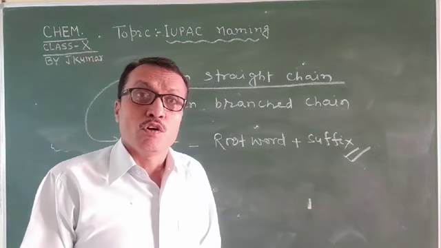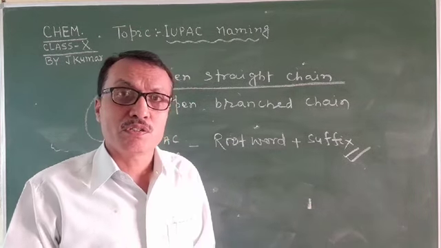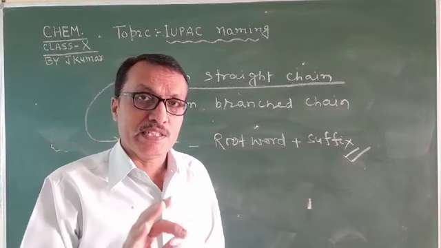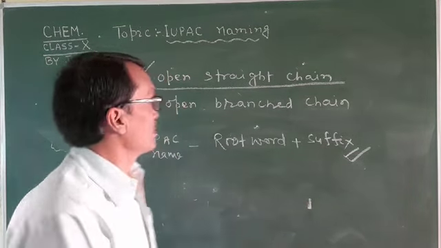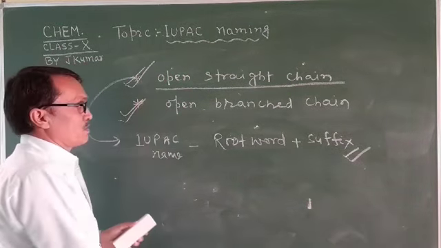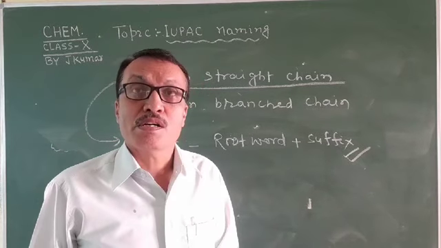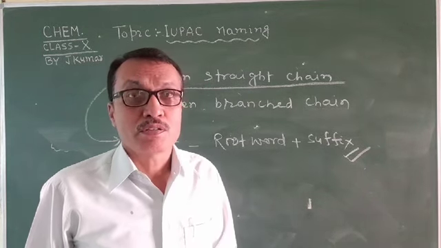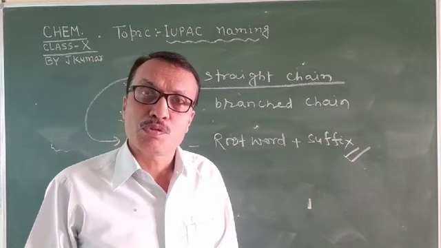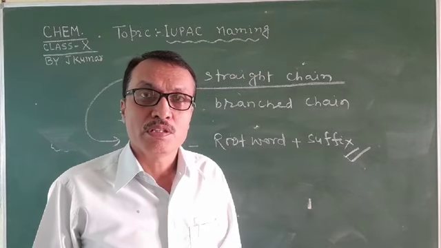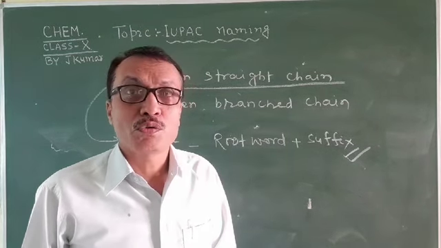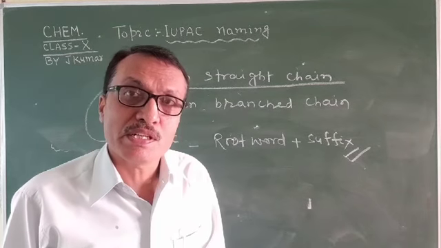Okay, but students, problem comes when the chain is not straight, the chain is branched. Means second case, open branched chain. In this case, certain rules are followed, and if you don't follow the rules, you will not be able to do the IUPAC name.